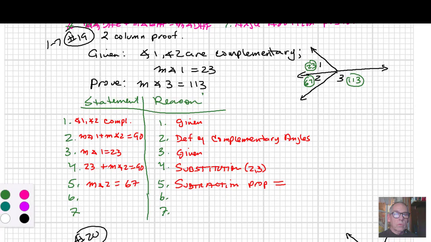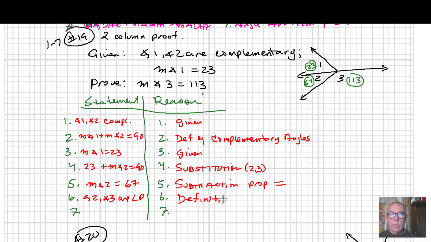So angle 2 and angle 3 are a linear pair. And again, I'm abbreviating linear pair with LP. That's definition of linear pair. Now there's where that theorem 1.6 kicks in. Measure of angle 2 plus measure of angle 3 equals 180.